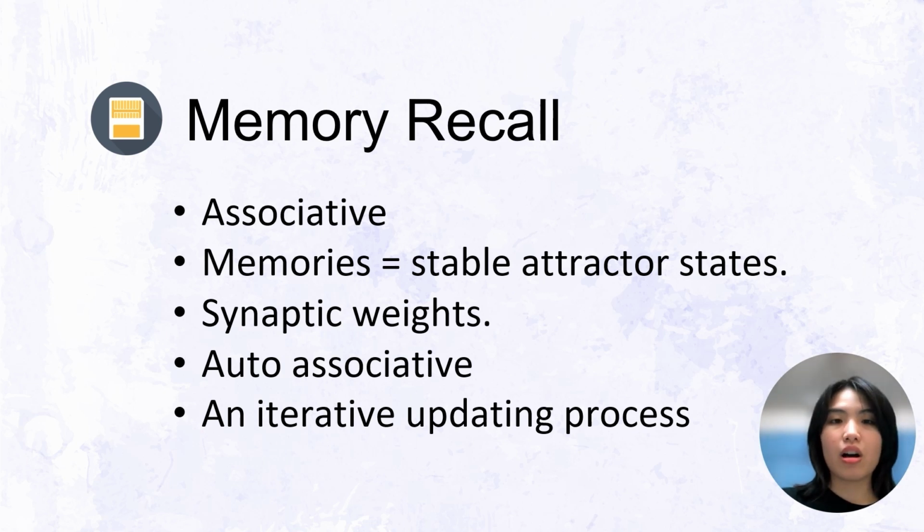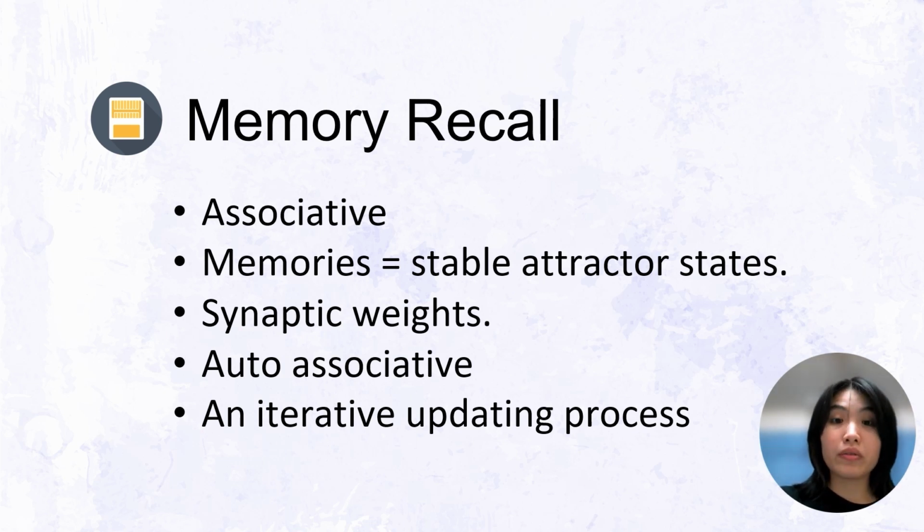So the Hopfield network has an associative memory that allows patterns to be associated and retrieved based on their similarity. After training the network, patterns are stored as stable attractor states in the network. So when a partial or noisy pattern is presented to the network, it converges to the closest stored pattern.